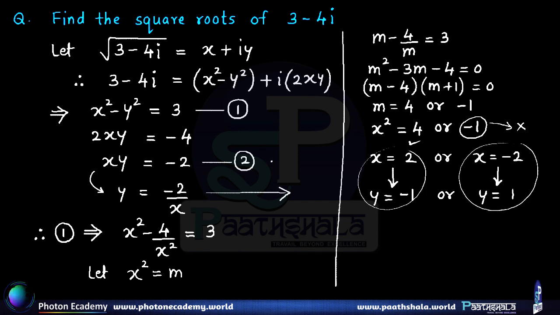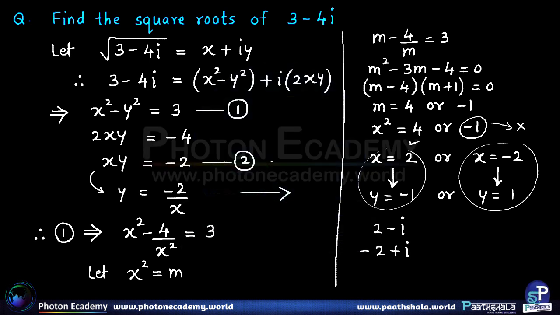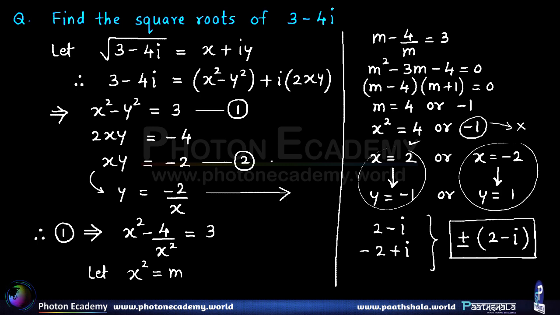Hence the square root is either 2 minus i or minus 2 plus i. Combining these two, we can write together that the square root is plus or minus (2 minus i). So these are the two square roots of the given complex number.